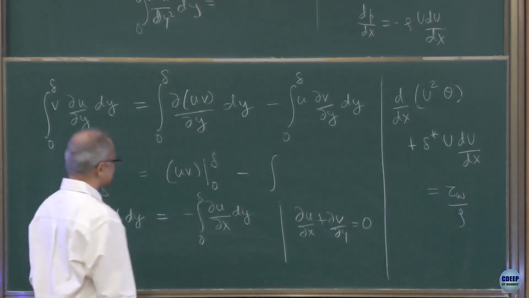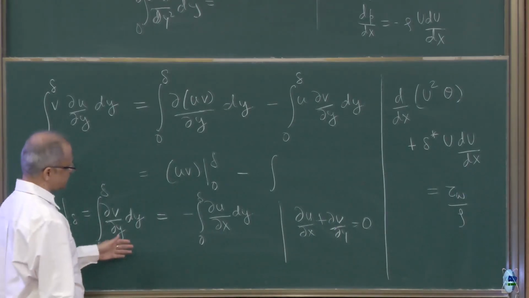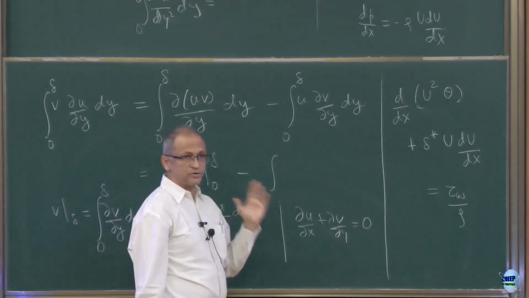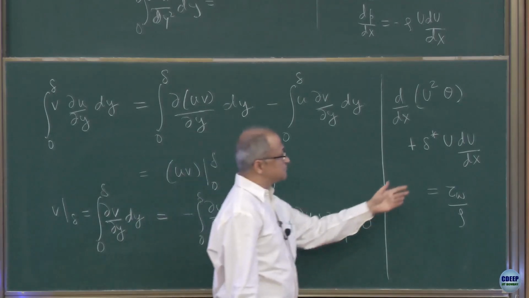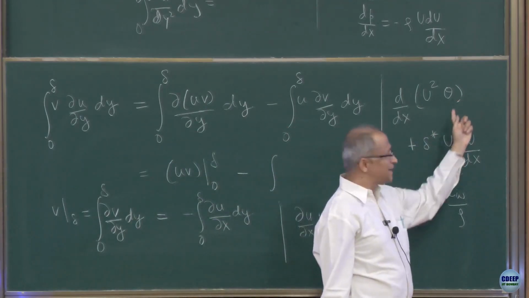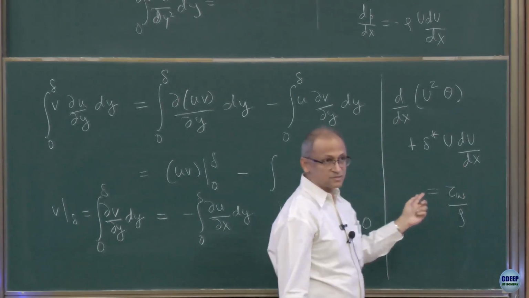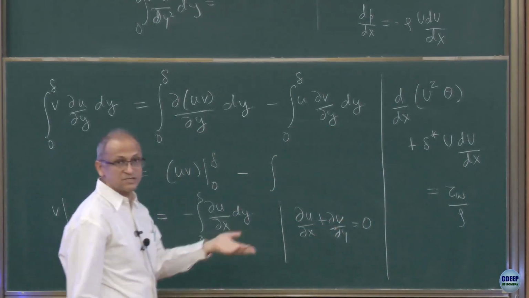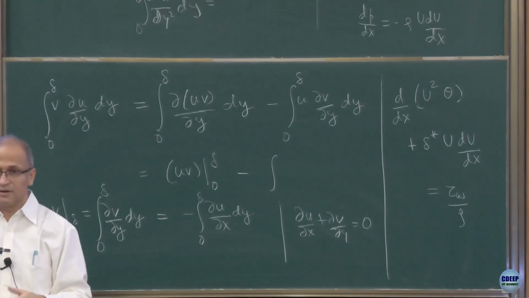You can see that all these integrals that we are introducing, some of them are not going to go away, but we already have defined theta and delta star in terms of integrals.